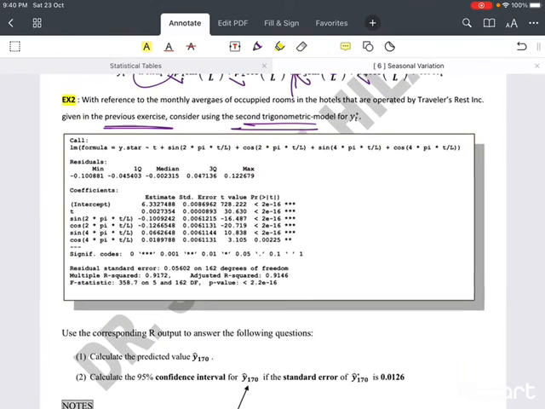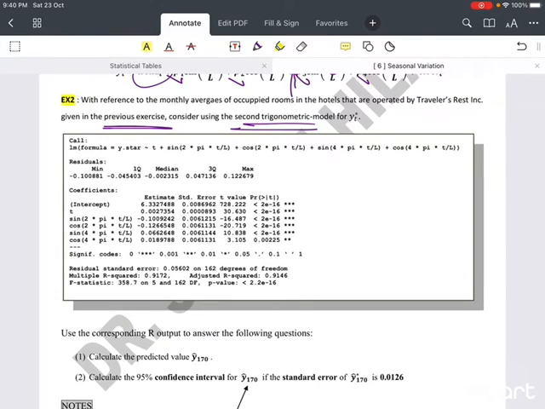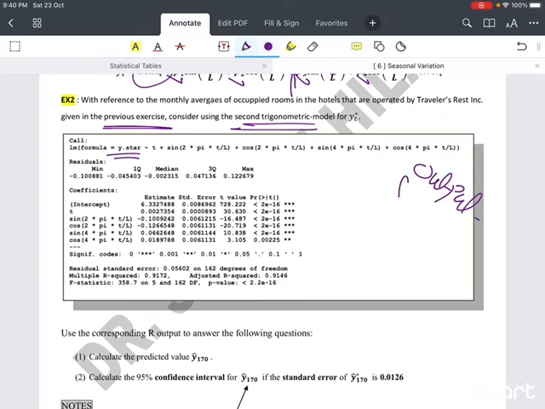Then you start with the output. The output tells me it is y star. This output is for y star of t, not y t. Okay? t is for the trend. Then this is the second model, which goes up to 4 pi, meaning we have 4 betas.